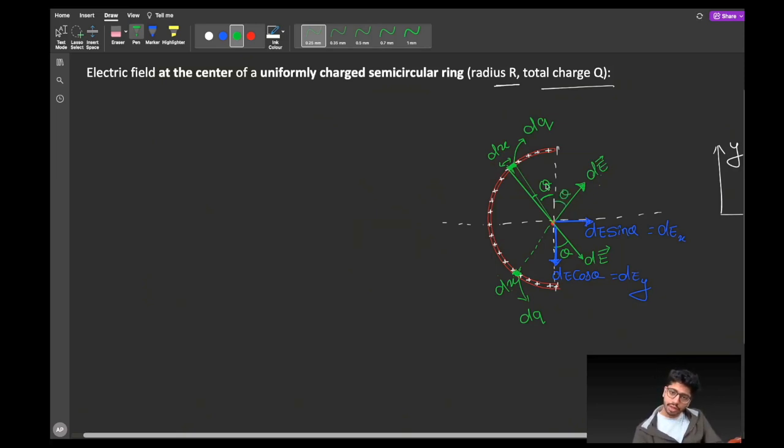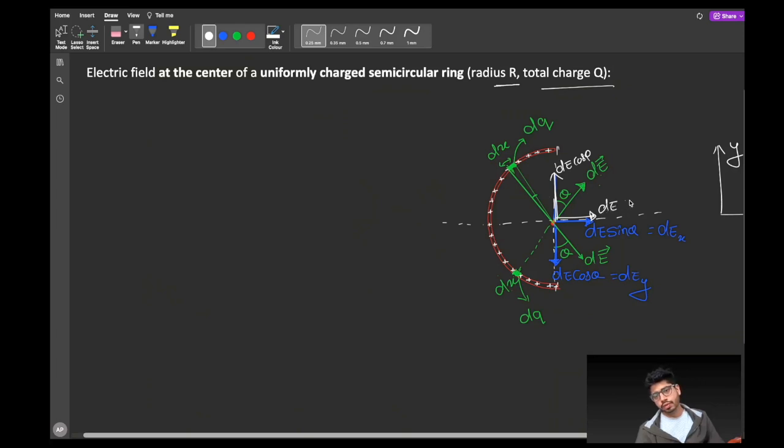This is the angle theta. The components are dE cos theta in this direction and dE sine theta in this direction.